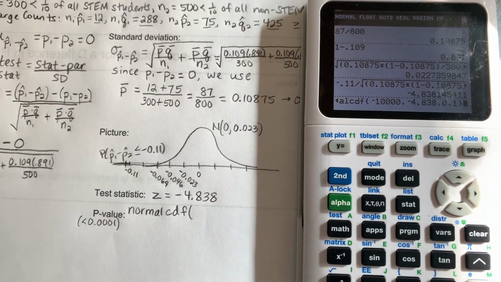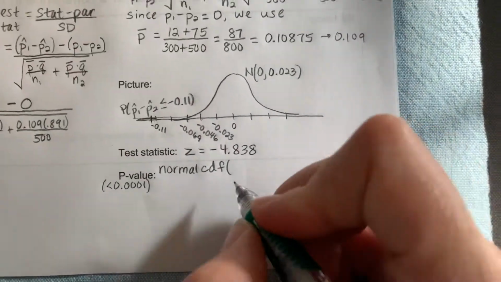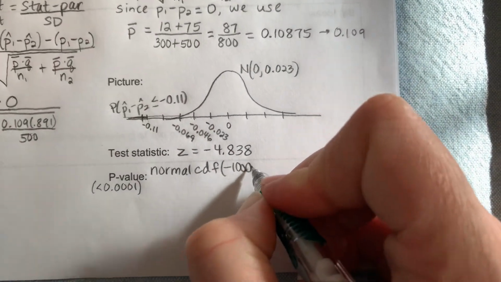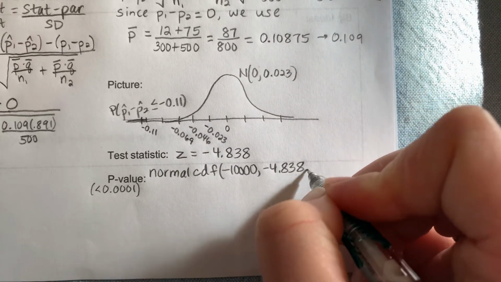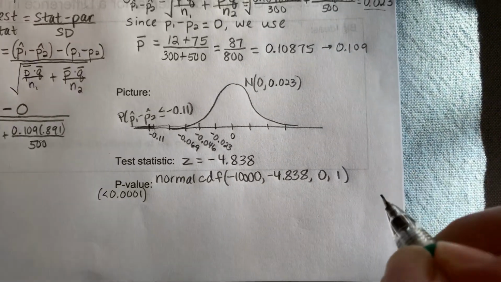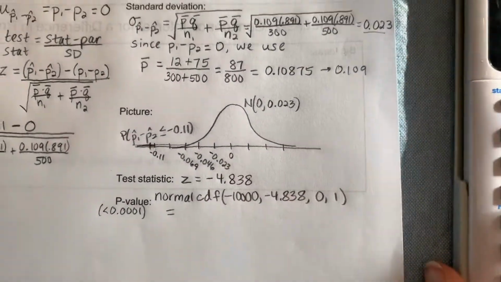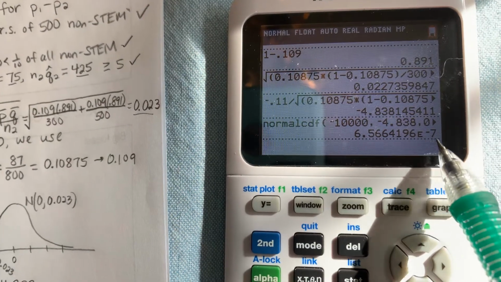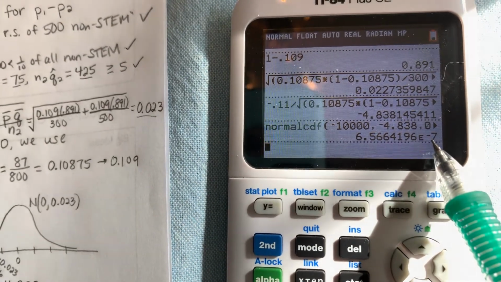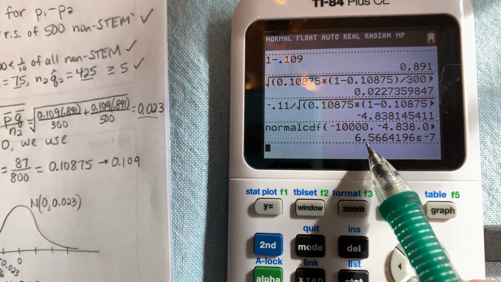Okay, so I'm going to paste that in and get my value. Let me go ahead and write down what my commands were here. Negative 10,000 to negative 4.838 with a mean of 0 and standard deviation of 1. That gives me a p-value. All right, so it has all 6 point blah, blah, blah decimals, e to the negative 7th. That means move the decimal place here to the left.